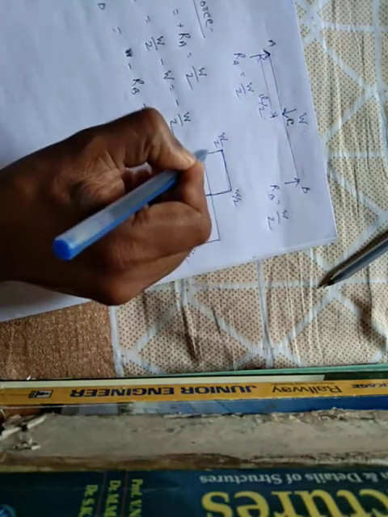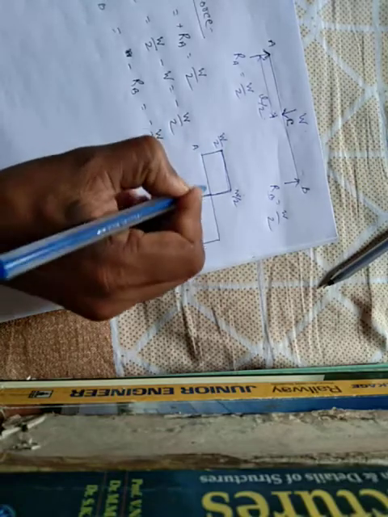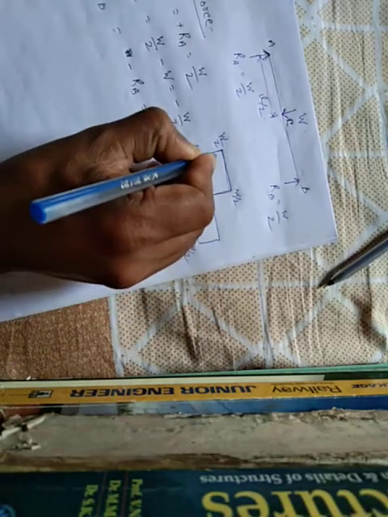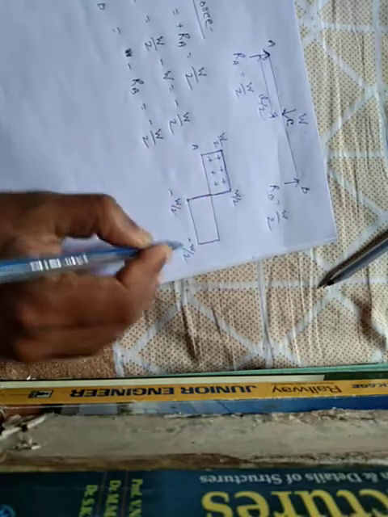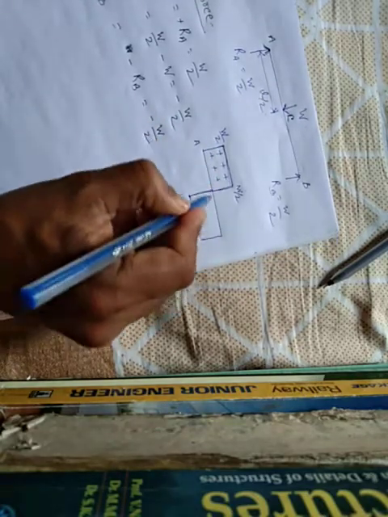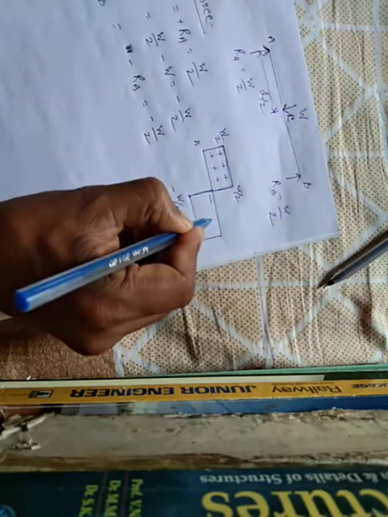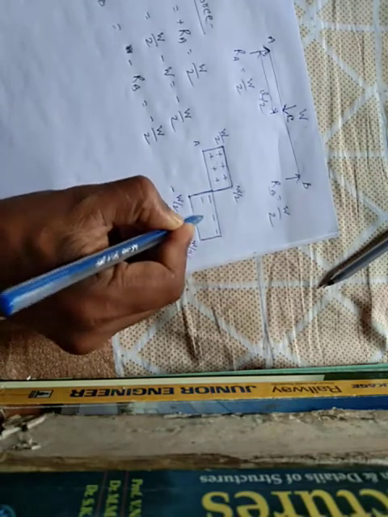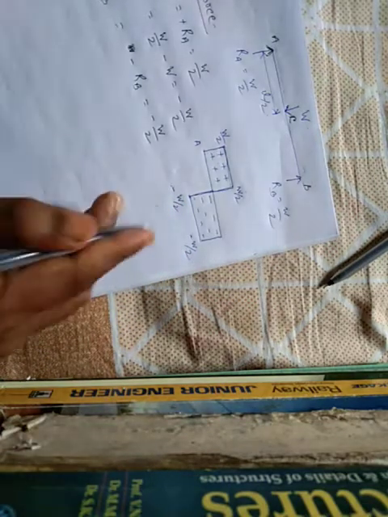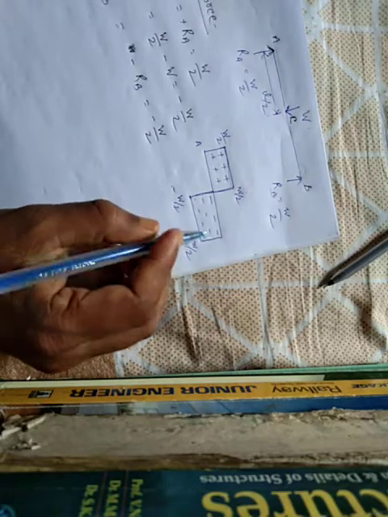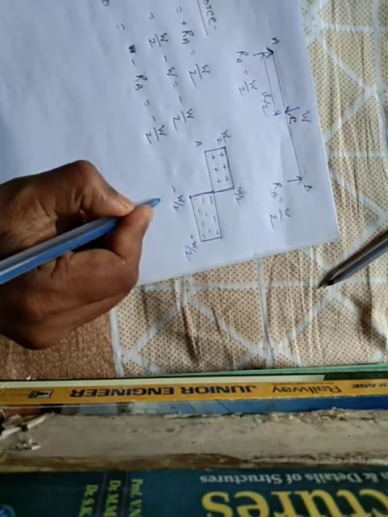At point A, the shear force is W by 2, that is positive shear force, and in this zone the negative shear force. This is the shear force diagram for a simply supported beam subjected to a point load.